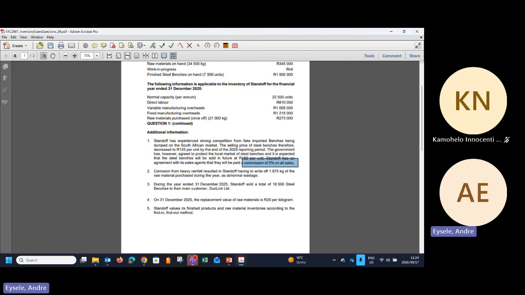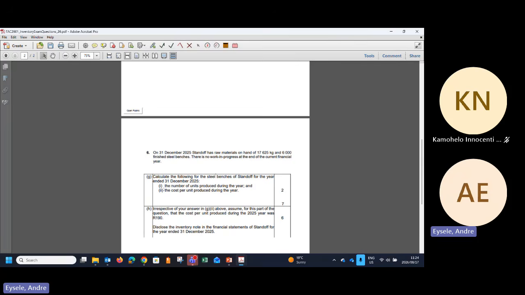Now, corrosion from heavy rainfall resulted in Standoff having to write off 1,875 kilograms of the raw material purchased during the year as abnormal wastages. Colleagues, this has got nothing to do with our opening question for determining the manufactured units, but it will come into play when we need to determine the cost per unit produced.